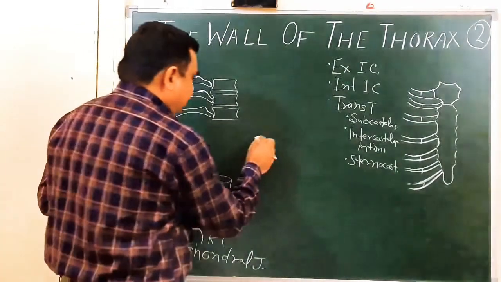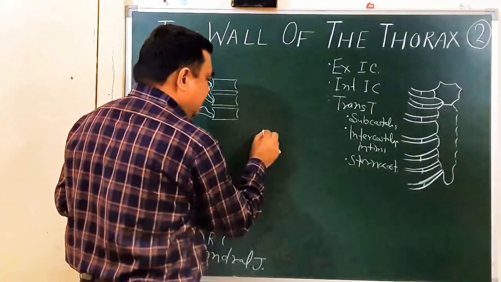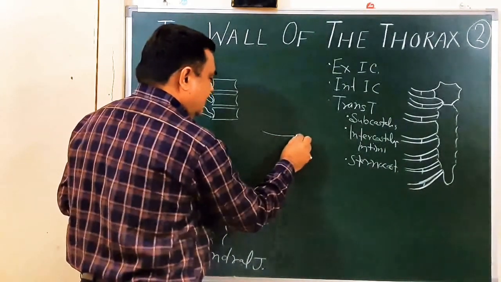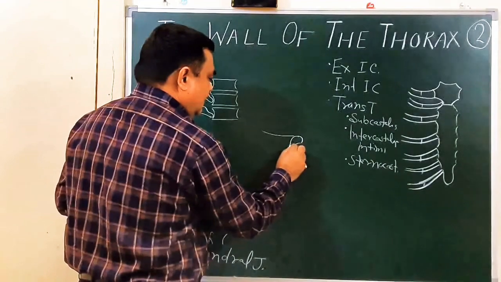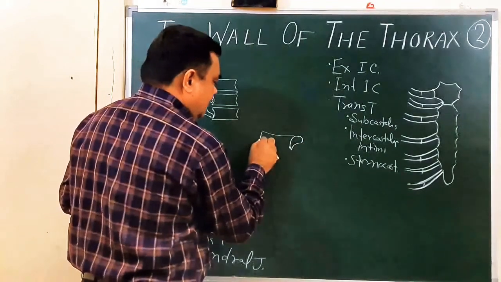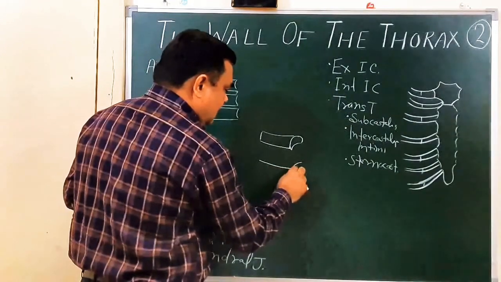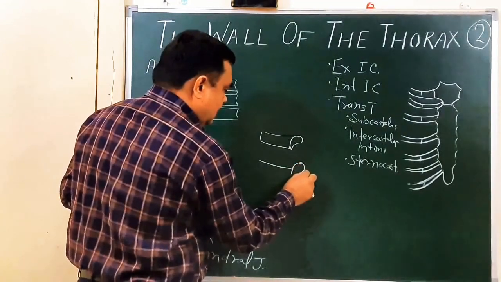If you see only 2 adjacent ribs, this is one rib. This is another rib, just below the upper rib.